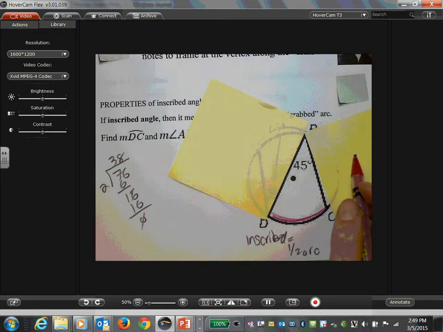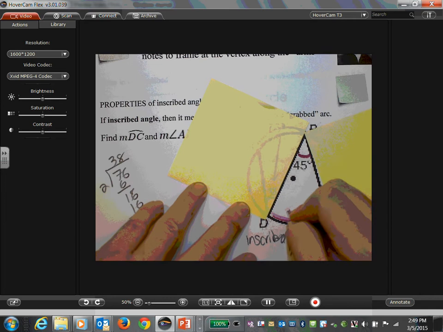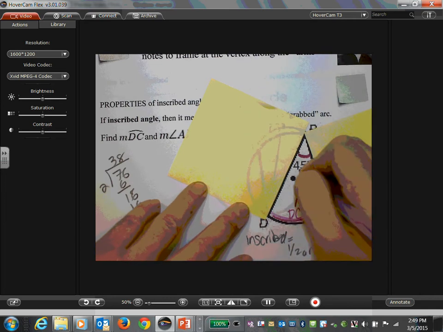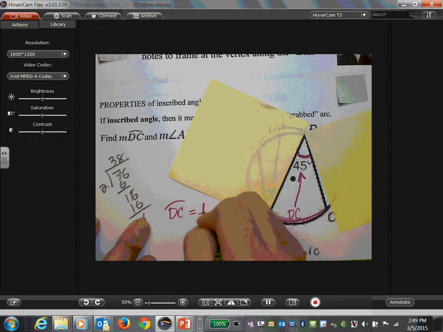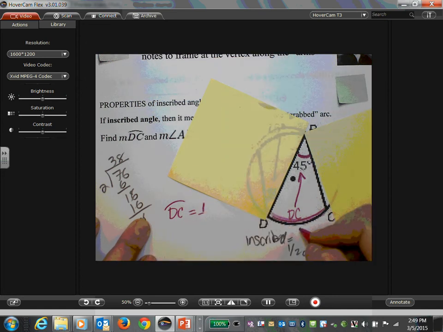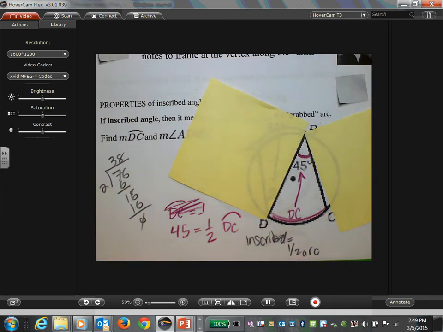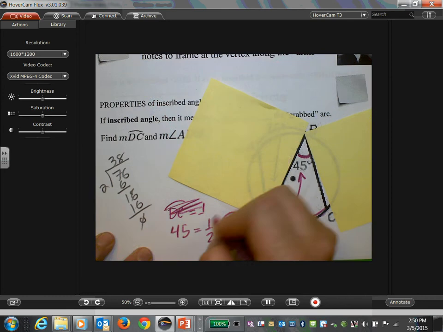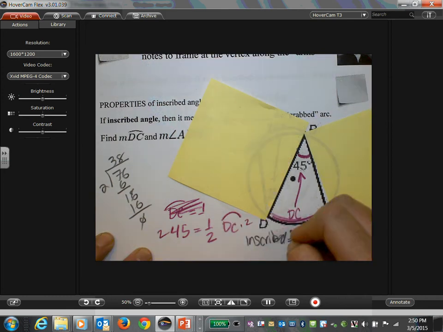And the measure of an inscribed angle is half. So 45 is 1/2 the arc DC. Write it just like that. Does that make sense? Therefore, we times it by 2, and we get the arc DC is 90.